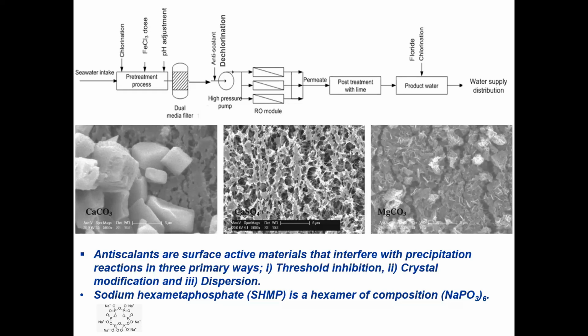The WAVE software will predict, depending on your water solubility, how much concentration and how much carbonate will start to create inorganic scaling: calcium carbonate, sulfate, magnesium carbonate. So you need to put in the anti-scalant if you want to increase your water recovery up to 50%, 60%, because the concentration has a very high potential to create this kind of inorganic scaling. This is all related to water solubility.